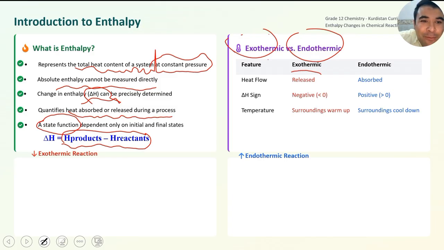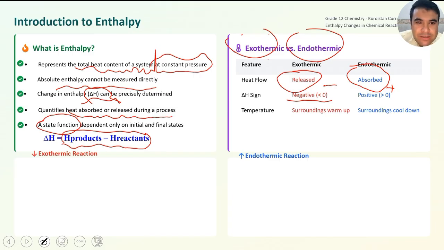In exothermic, the process releases heat to the surrounding, but in endothermic, the heat flows to the system. We should add heat to the system; the system absorbs heat in order to proceed. And in terms of signs, the sign of the enthalpy change when it's exothermic should be less than 0, meaning a negative sign. If it is endothermic, we add heat to the system, and it should be more than 0, a positive sign.